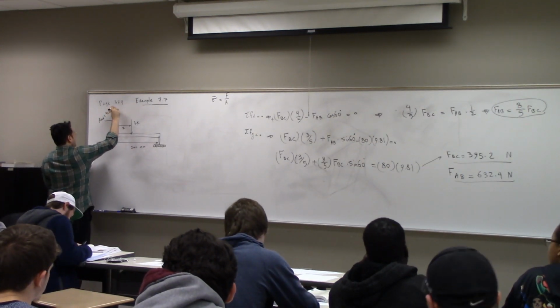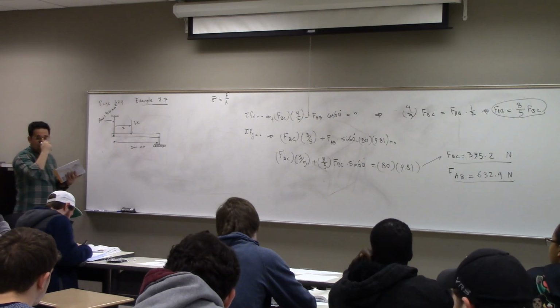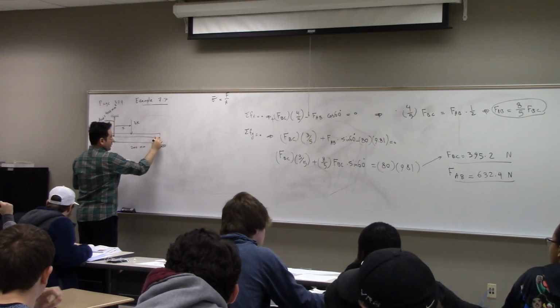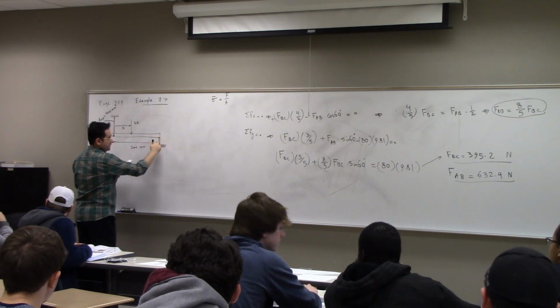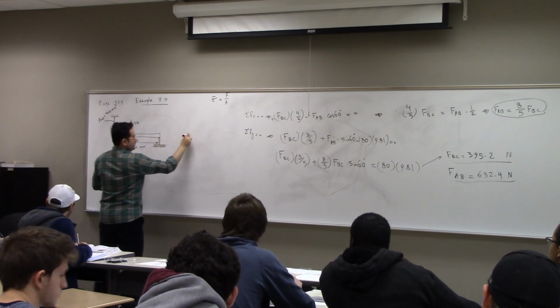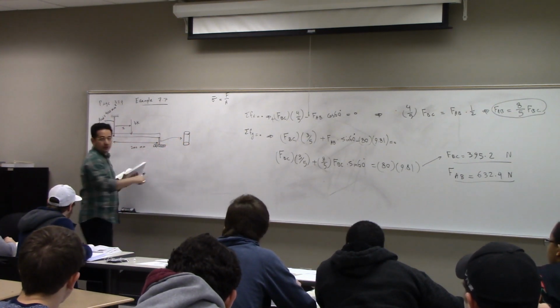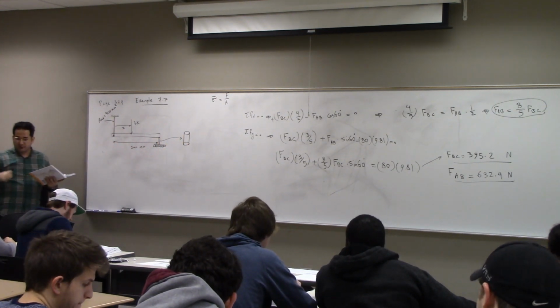Is that a roller, or is this supposed to be grounded? That's a roller. Yeah, that's a roller. But this is connected to the roller through this bar, right? So when you have a force in it, you have a stress in it.